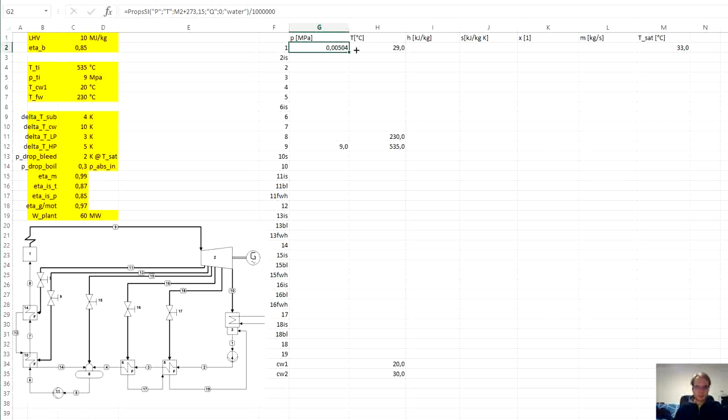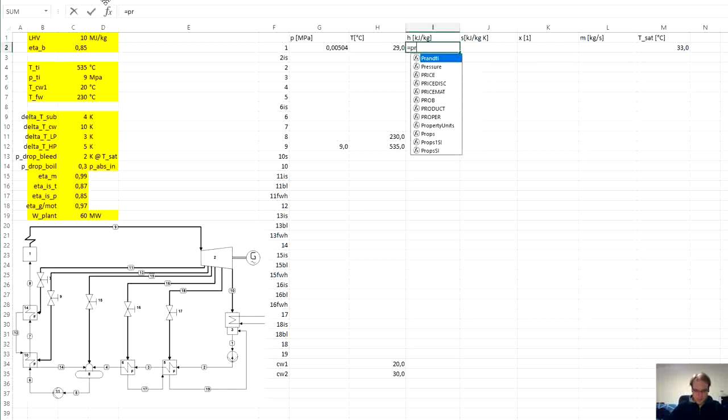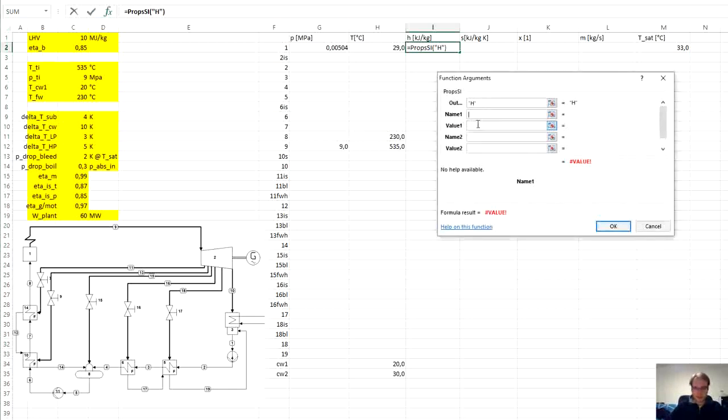So now we have pressure and temperature at point 1, and from that we can obtain again other thermodynamic parameters like enthalpy. PropsSI, where we want enthalpy based on pressure times 1 million, then temperature plus 273.15 to get kelvins, and our working fluid is water.